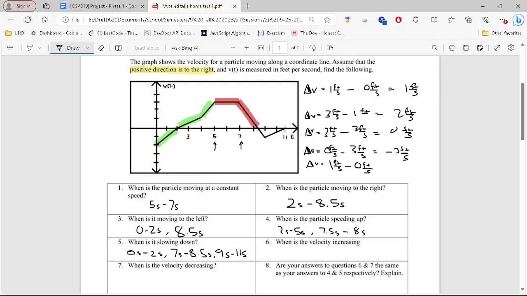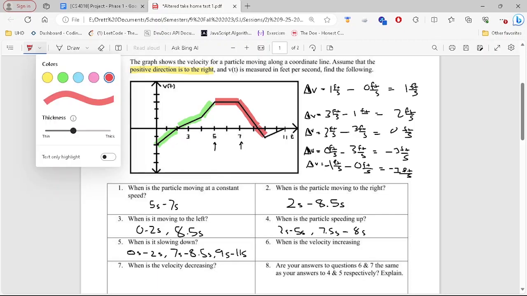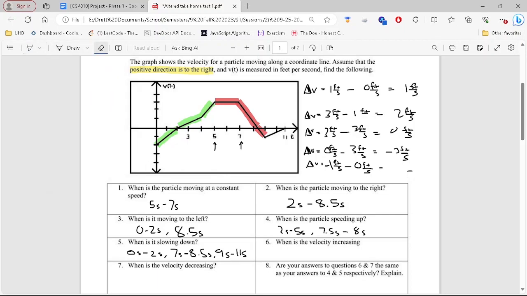This is negative 1 feet per second. The sign matters here. So the change in velocity is negative 1 feet per second. That means that the velocity is decreasing at this point. That means it does not qualify as speeding up, as the velocity increasing.